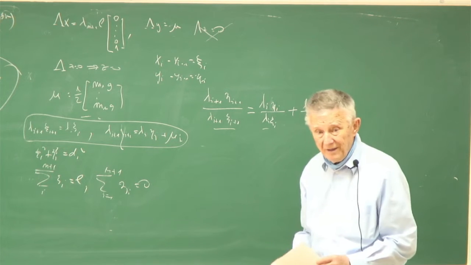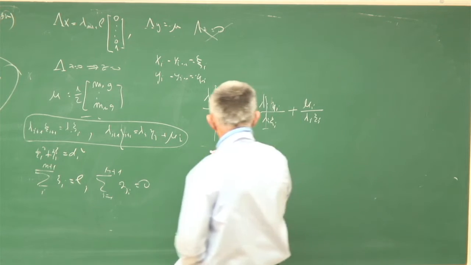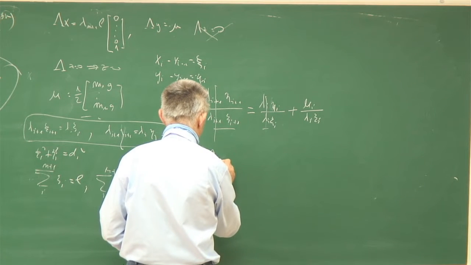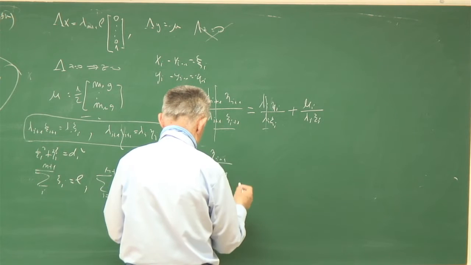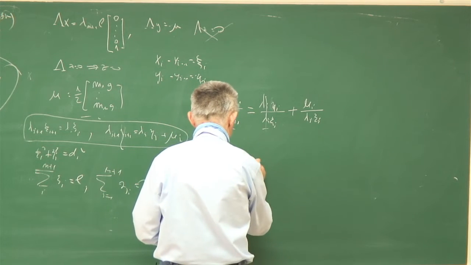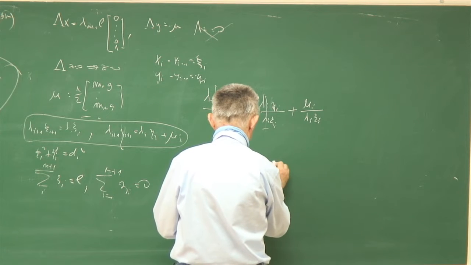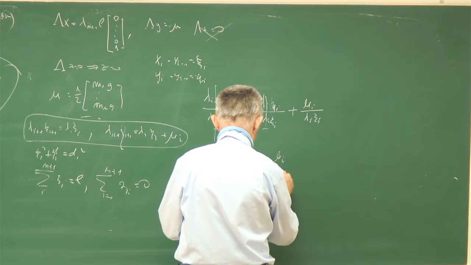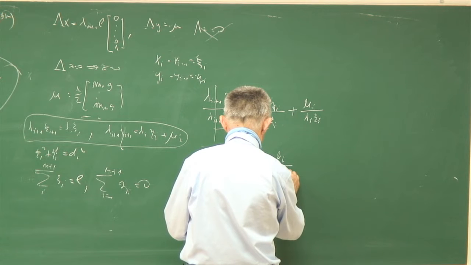I can divide it. Now I can cancel this one, and I get then eta i plus 1 over xi i plus 1 minus eta i over xi i equals mu i over lambda i xi i.